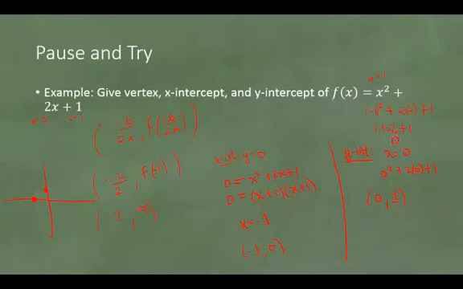So this should not have been 4, it should have been 0. So our vertex should be the same as our x-intercept here. And then it goes back up. Our vertex was negative 1, 0, and our x-intercept was negative 1, 0. Okay. Be careful. At first I plugged in 1 instead of negative 1. So you got to make sure we plug in the correct number.